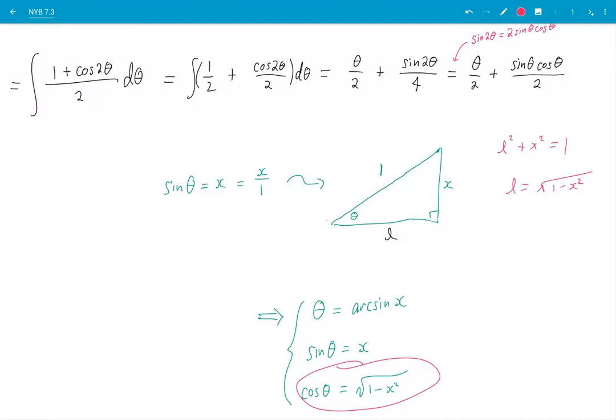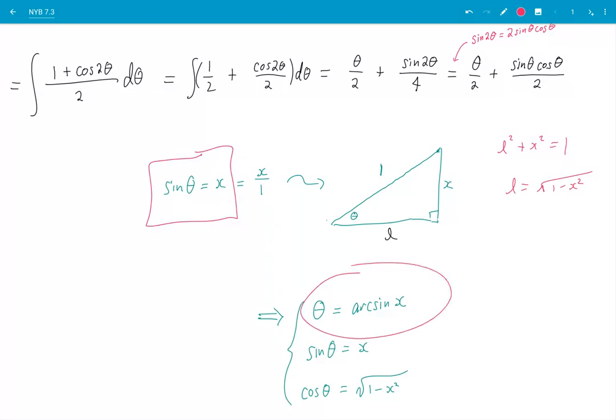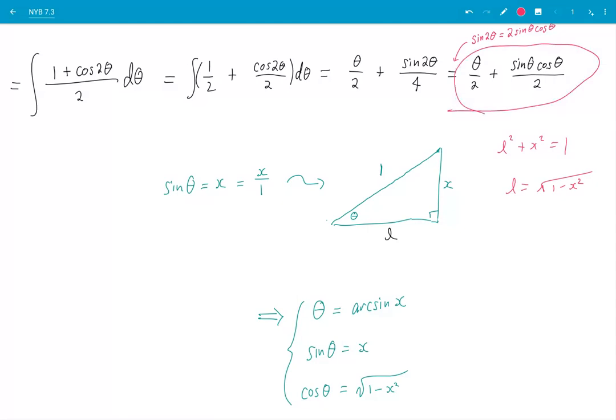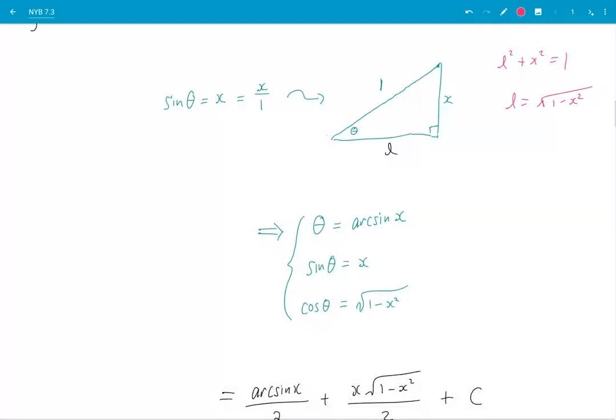Pause and copy if you haven't done so already. This is my original choice I made way above there. And if you solve this equation for theta, you get theta is arcsine x. So I have all this information collected here, which I'm going to use to convert this guy into an expression involving just x. And there you have it.